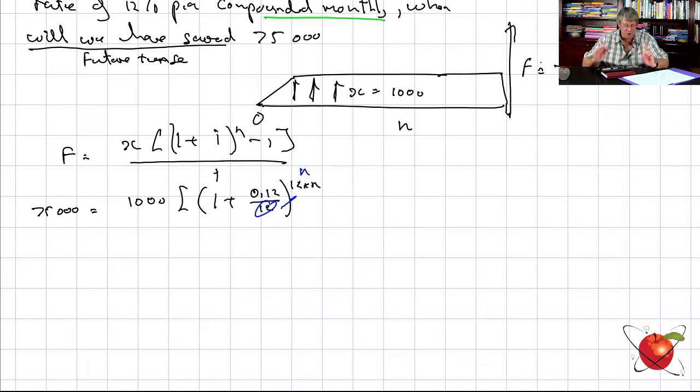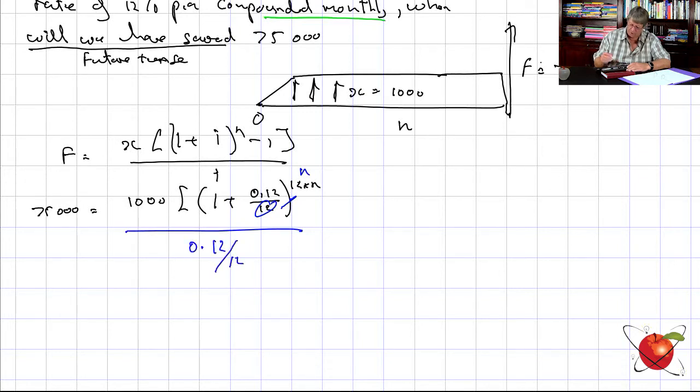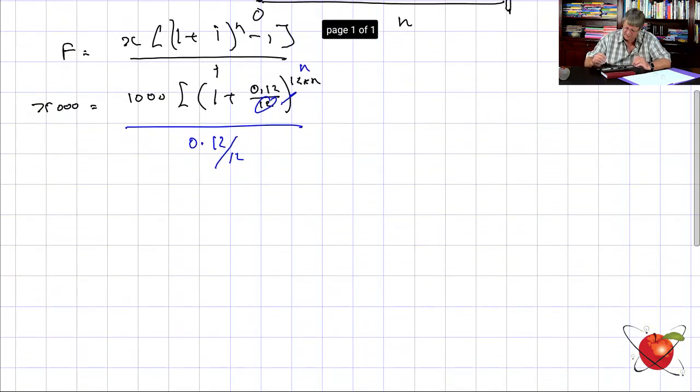And you'll see the logic at the end is you'll ask yourself a question. All right, 75, therefore i is that. Now I'm going to solve this. I'm going to say the future value is equal to that divided by 0.12 over 12. Just going to leave it as it is.